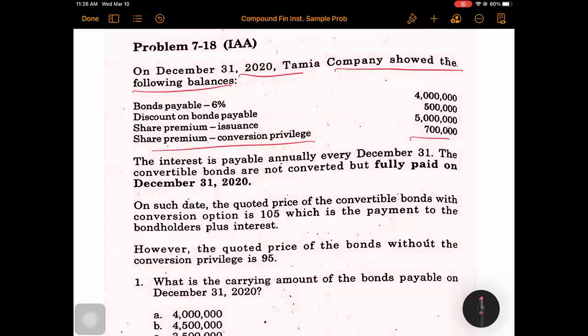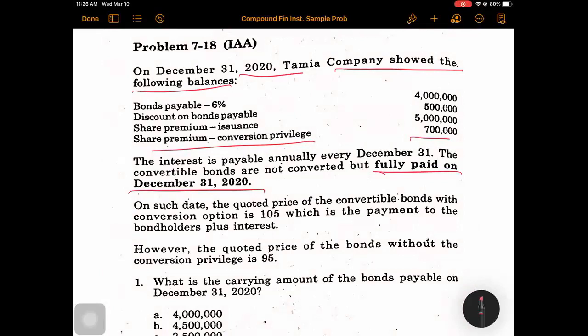Okay. The interest is payable annually every December 31. The convertible bonds are not converted but fully paid on December 31, 2020. So, gibayaran siya at the end of December 31, 2020.